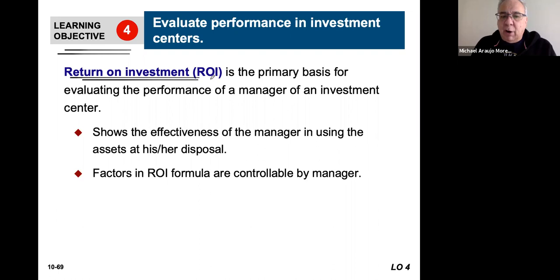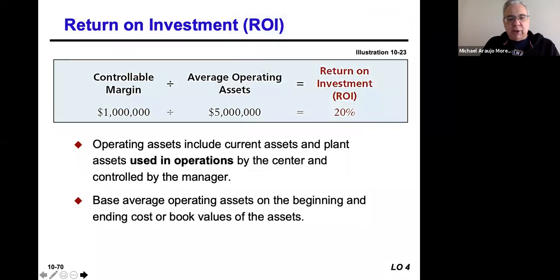So ROI, return on investment, is the primary basis on which managers are evaluated in an investment center. Okay, so it shows the effectiveness of management decisions, and oftentimes almost all the factors are controllable. So the manager, it's a good way to do it. So what do we have for return on investment?